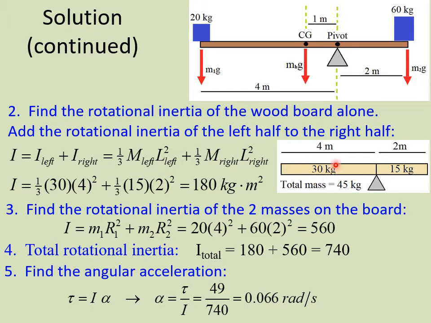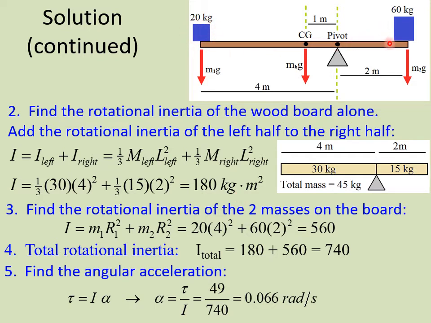So we're going to treat this separately, and then this one over here on the right, think of this as another beam rotating on its end here, and it has a mass of 15 and a length of 2. So multiplying these numbers and adding the terms, we end up with the rotational inertia of this beam to be 180 kilogram meters squared.